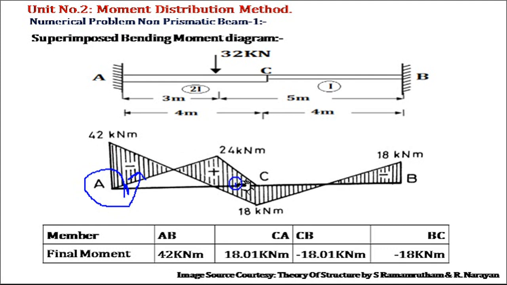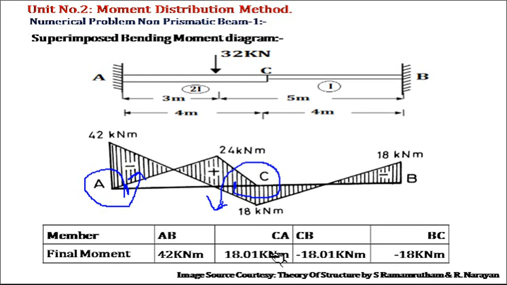Now the moment in member CA is plus. Plus means anti-clockwise. That means we have to rotate the joint C in anti-clockwise direction. Keep the plane on the member AC nearer to joint C and rotate the joint C in anti-clockwise direction. So we are getting it here. So this value 18 we are getting downwards.